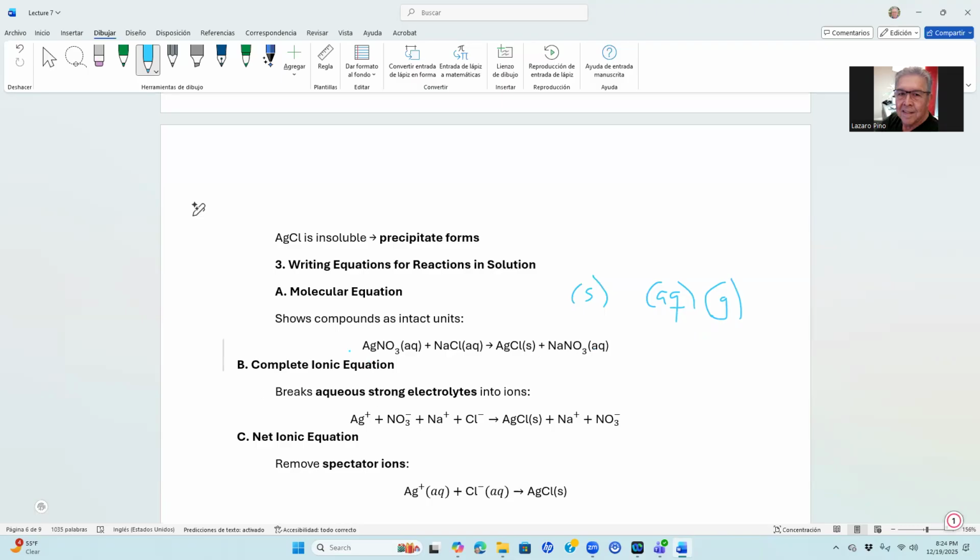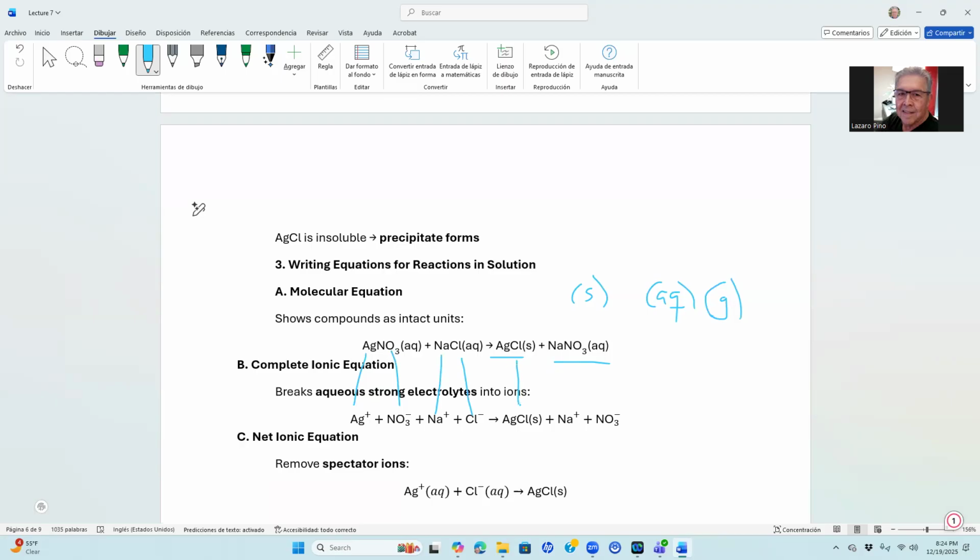So after you predict the products, you write the full molecular equation, and after that you divide into ions. This is the ionic reaction.